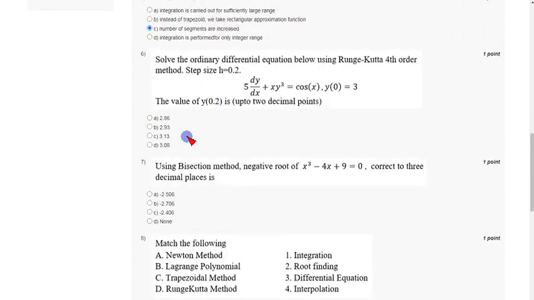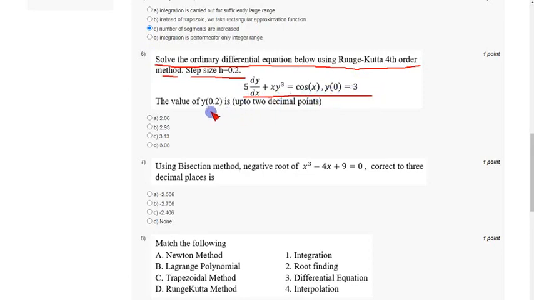Coming to the sixth question, solve the ordinary differential equation below using the Runge-Kutta fourth order method, where step size h equal to 0.2. The equation is 5 dy by dx plus x y cube equal to cos x, where y of 0 equal to 3.